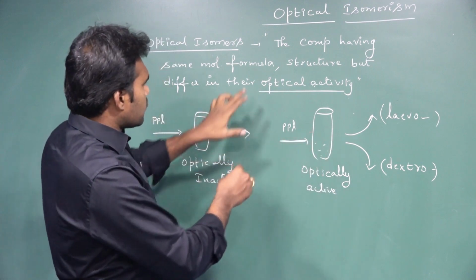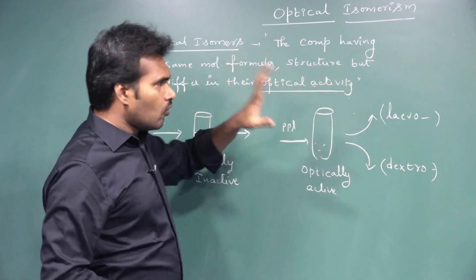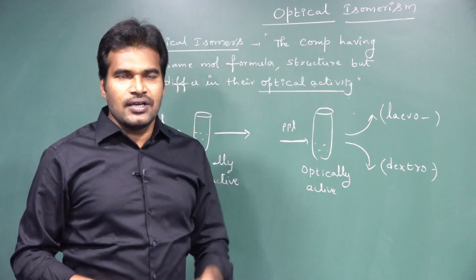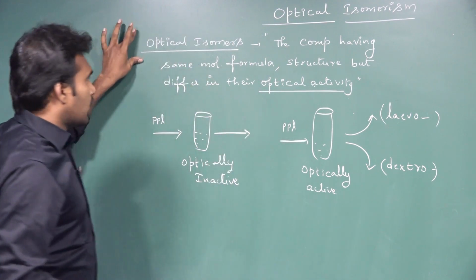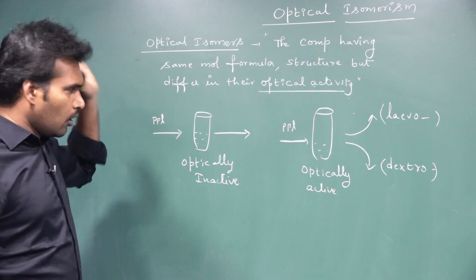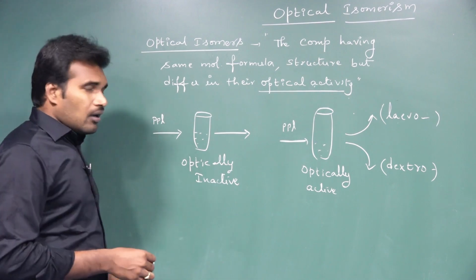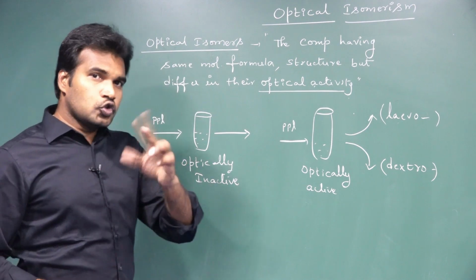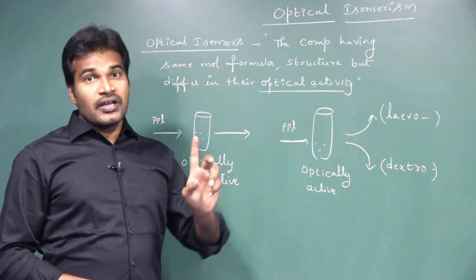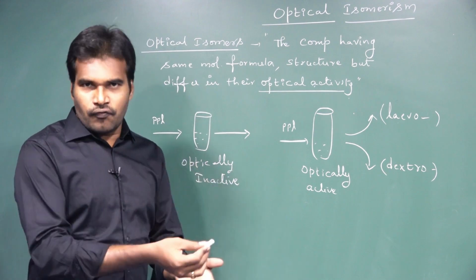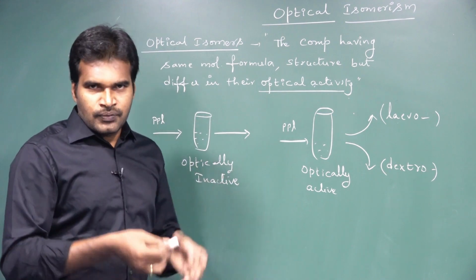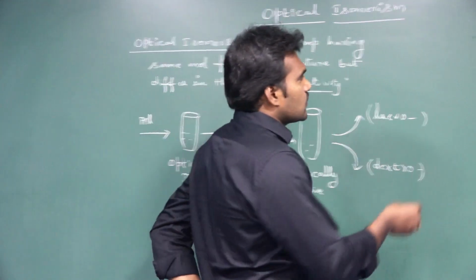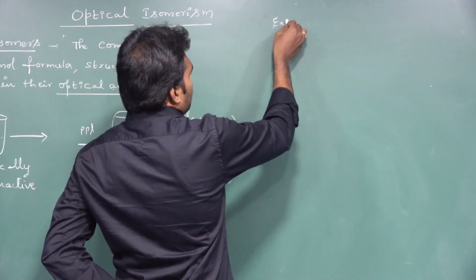So this phenomenon is called optical activity. And the compounds which have a difference in their optical activity, we call them what? Optical isomers. Okay. Now, this optical activity or optical isomerism we can explain in two approaches. One is the experimental approach, and the next one is the theoretical approach. So first of all, let us discuss the experimental approach.